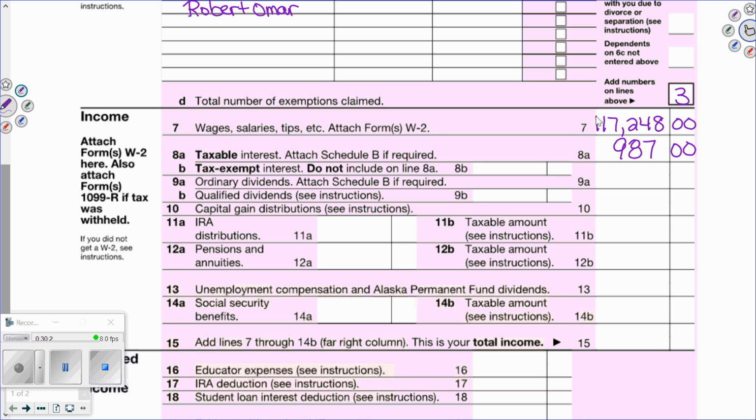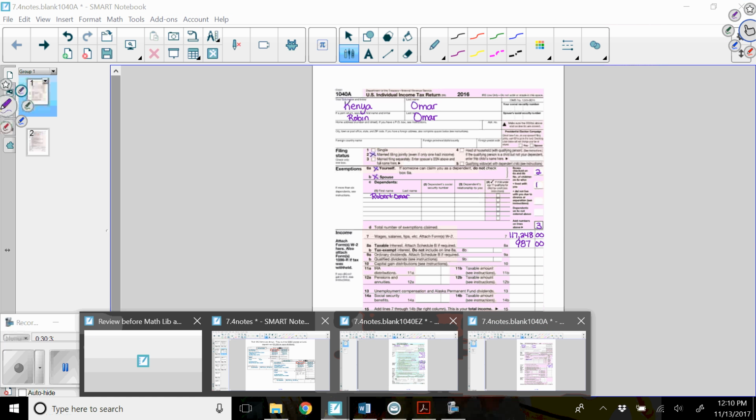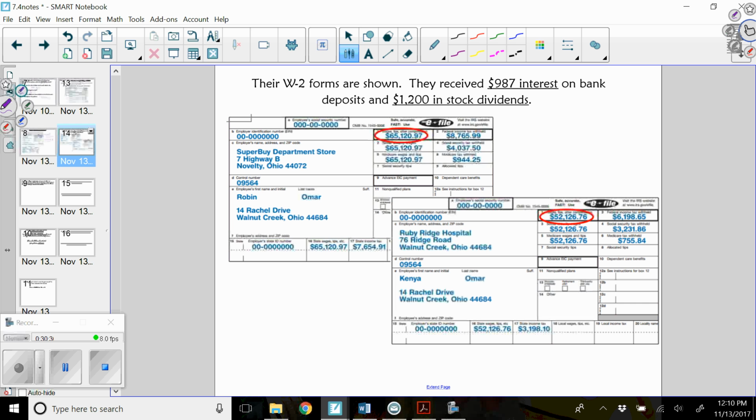It's right on the same part where their W-2s are. I just wrote it. I did not actually put a 1099 on there. I added their incomes together, and then I just rounded to the nearest dollar. And then their interest is right here. It was just written up top. I didn't put a 1099 on. I just told you in words.